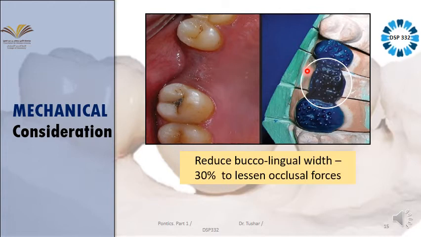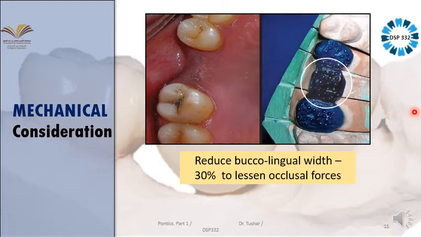Understood? Now I want 100% attendance. If the surface area of this pontic is 100, for example I am talking about, right? So the surface area that you are going to replace with your pontic should be 70, less by 30%.